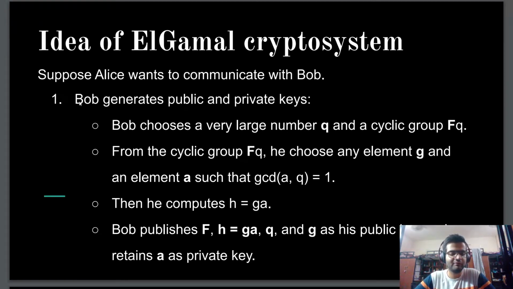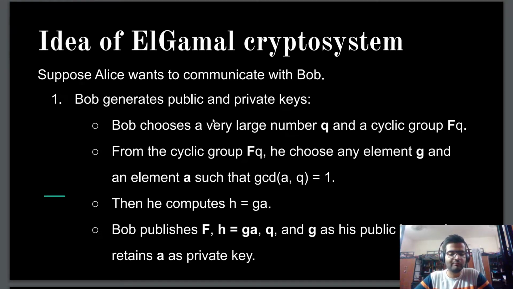The first scenario is that Bob generates public and private keys. Bob will generate a pair of keys. First, Bob will choose a very large number q and a cyclic group F_q.